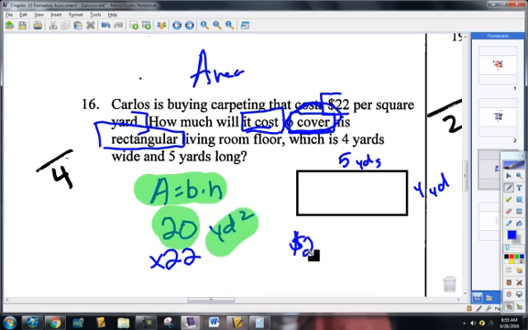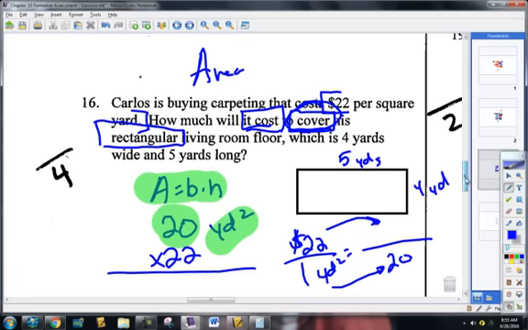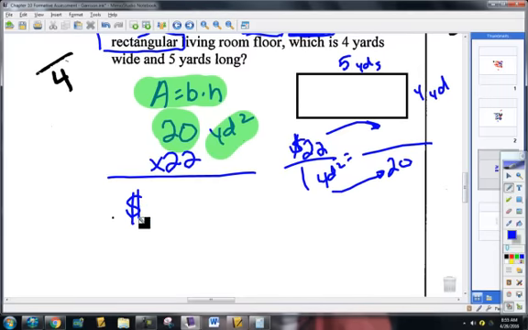So $22 per square yard, and I have 20 square yards. Wouldn't I just be doing 20 times 22? When you do that, what do you end up getting? You get $440. So there's your fourth point. You had to have all that other stuff along with the answer, $440. Everybody good with that? Yep.